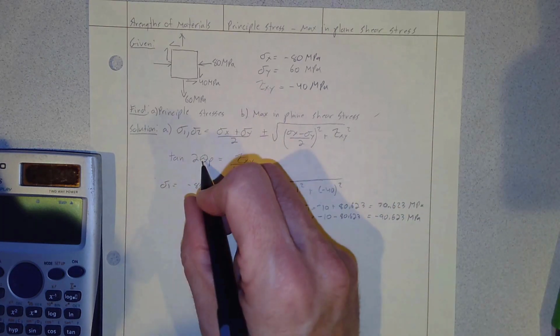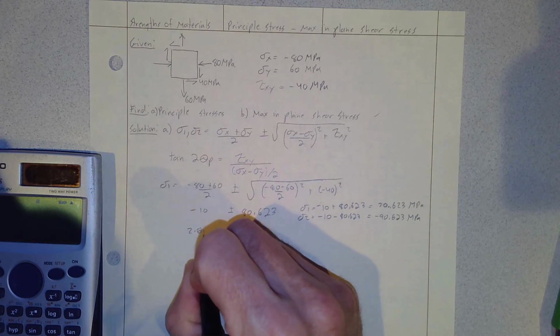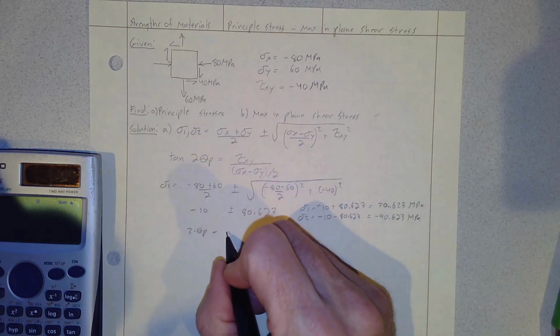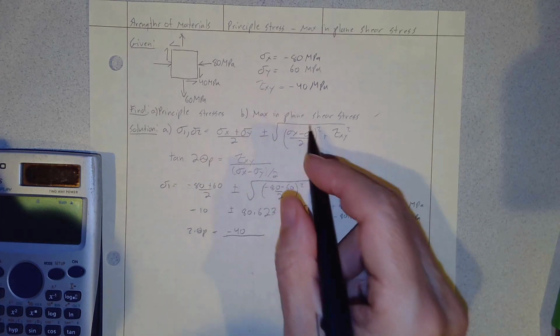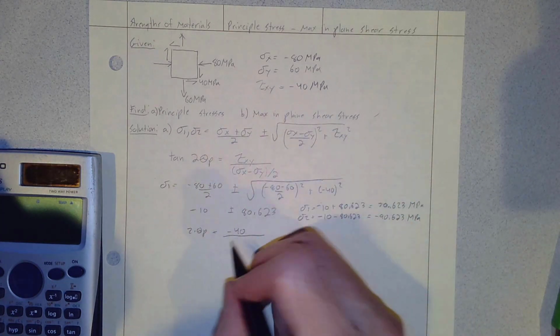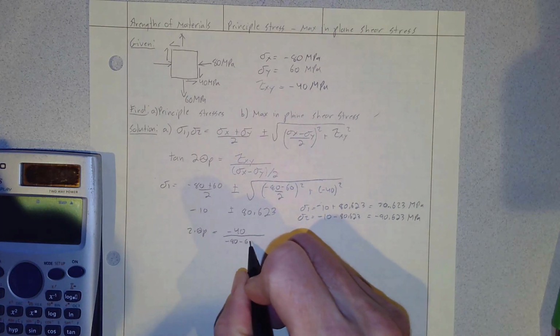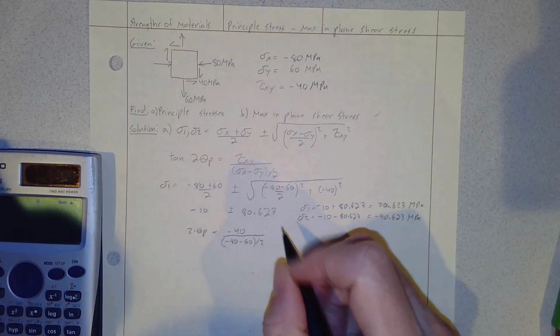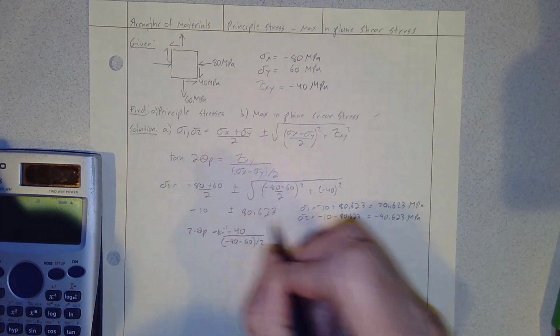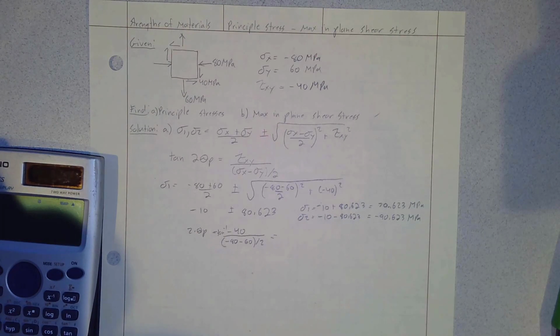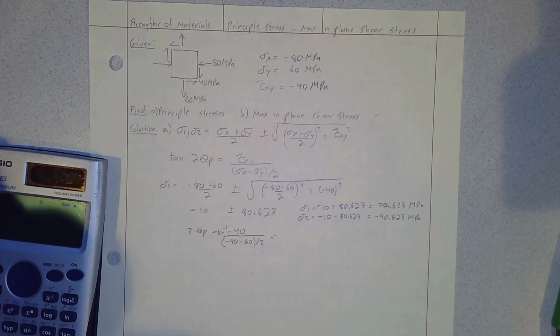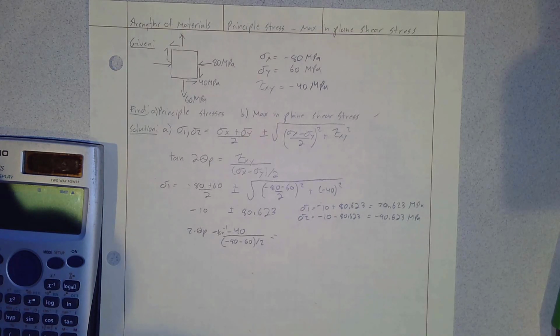So in that case, rearranging that, I'm going to have 2 times theta p is equal to tan to the negative 1 of tau xy, that was negative 40, over sigma x minus sigma y, so negative 80 minus 60, divided by 2.